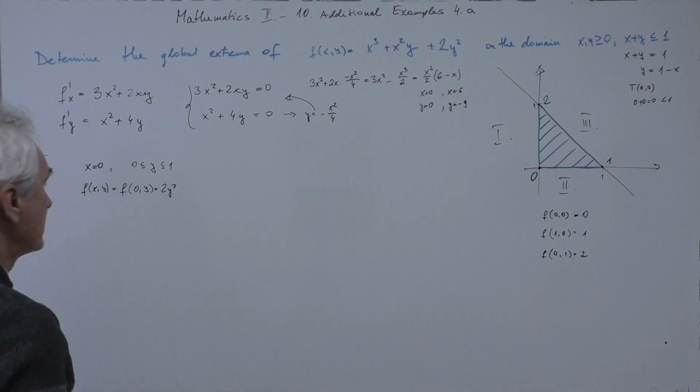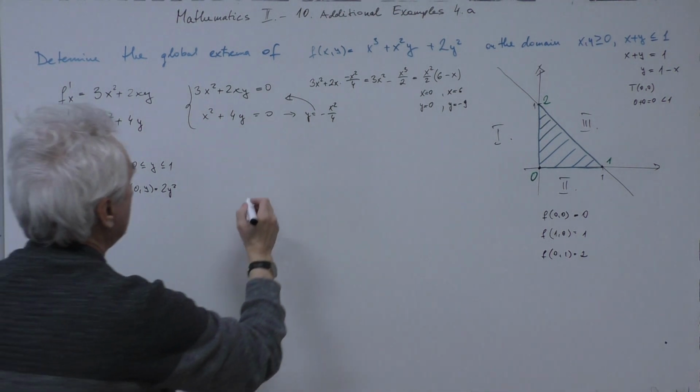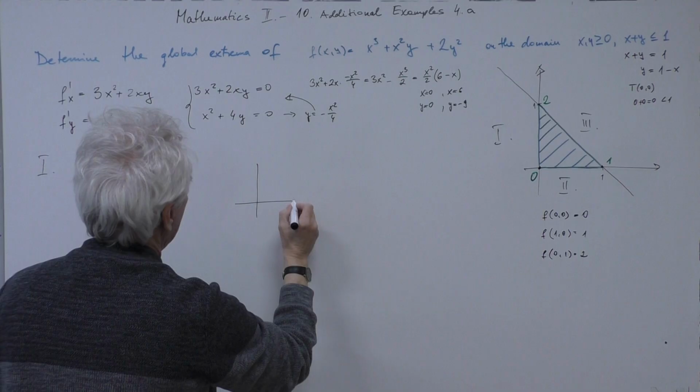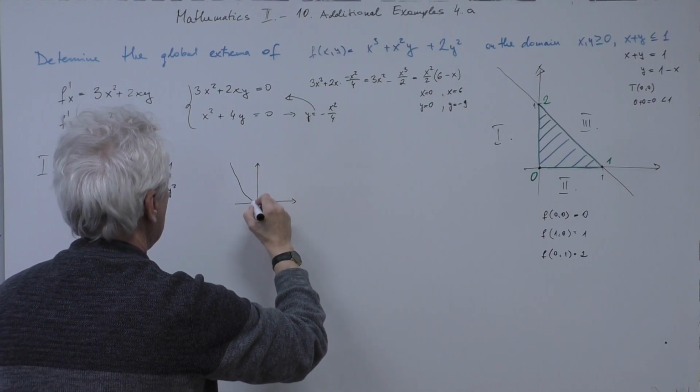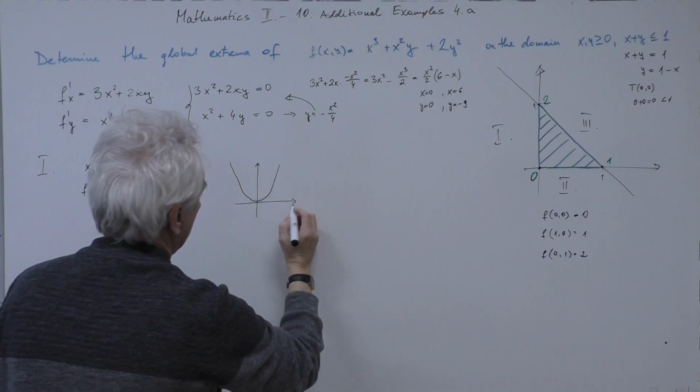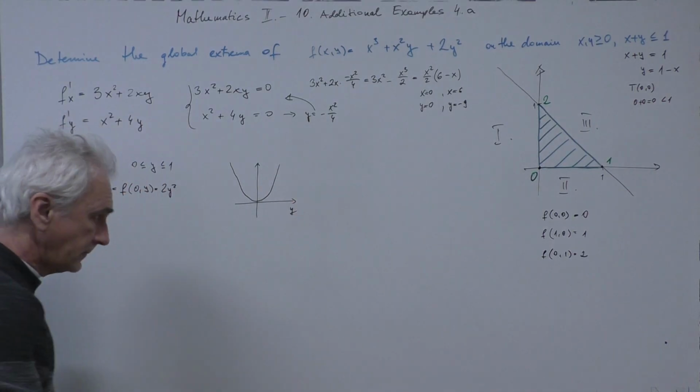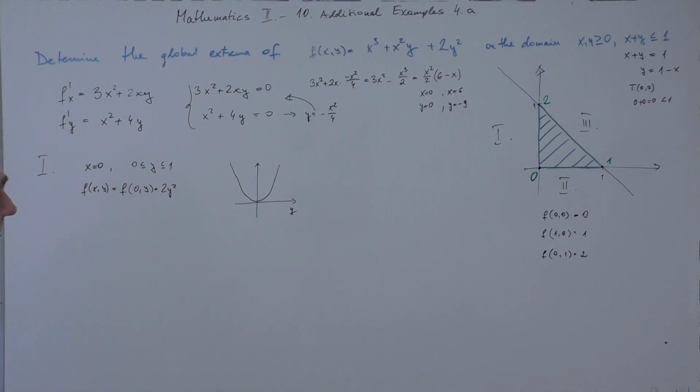This is a function of one variable, and clearly we can draw the picture of 2y squared, where the horizontal axis is the y-axis.